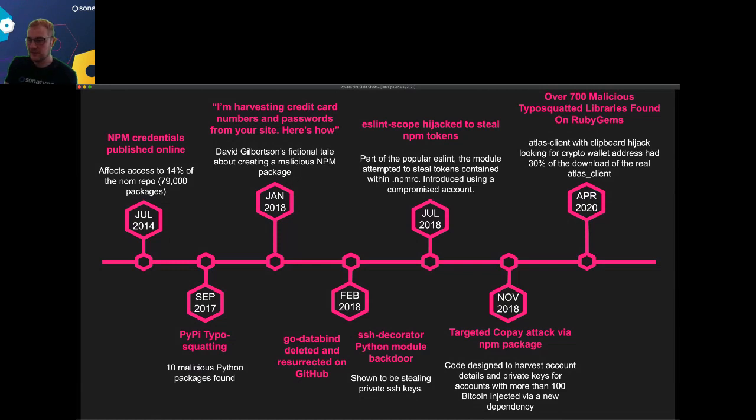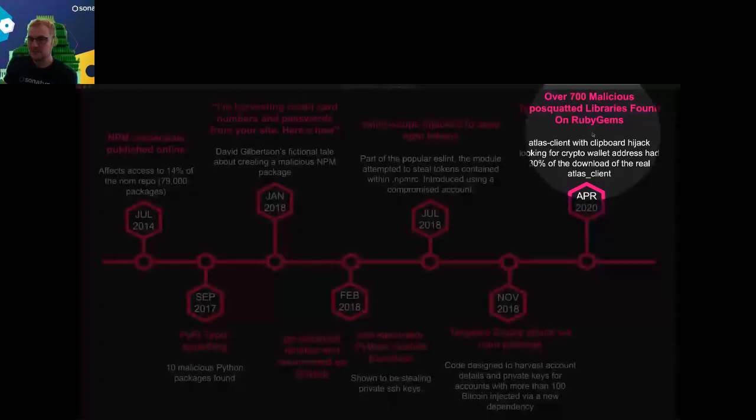And this was specifically going after Copay. So they had some knowledge of the organization. They were only going after accounts that had more than 100 Bitcoin. So they knew about the infrastructure. It was targeted at Copay directly. So very interesting case. They saw their exploit work, and then they rolled back those changes to remove that transitive dependency. So case up to end, we're kind of rolling back full circle to typo squatting again.